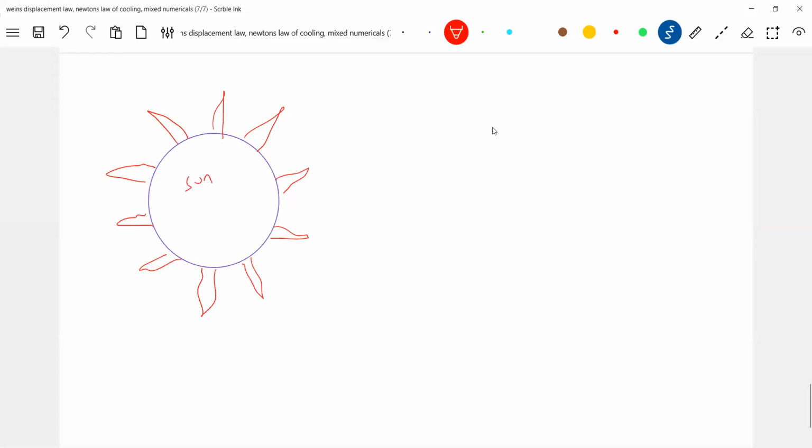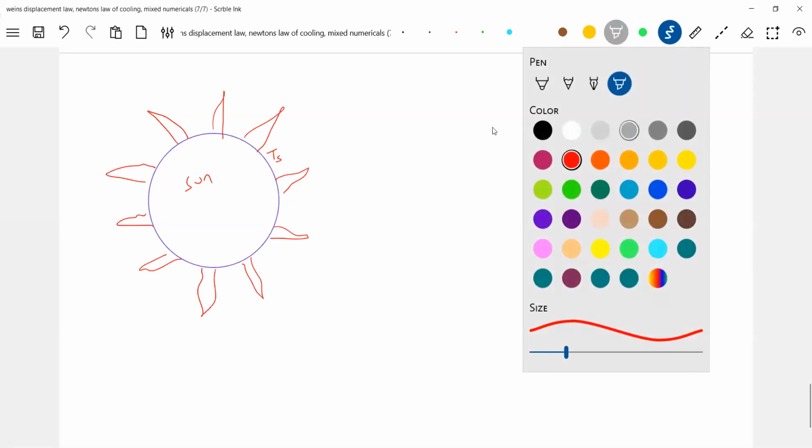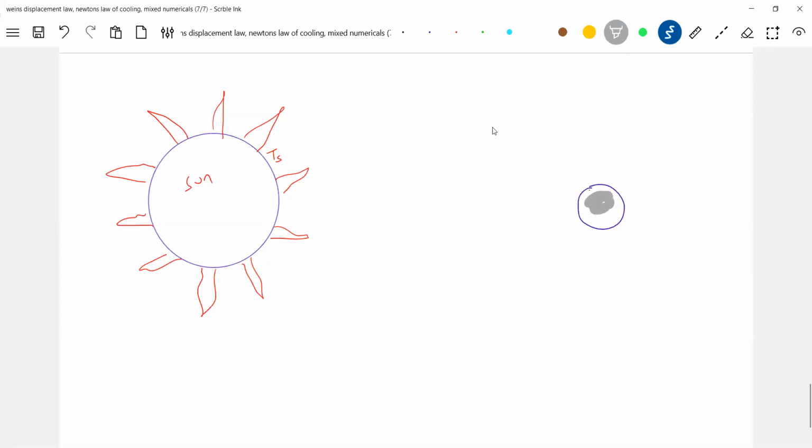Okay, there's a temperature, surface temperature of a sun. This one. So I do have the Earth. The planet Earth is somewhere here. So can I use this radiation method to calculate the surface temperature of a sun?